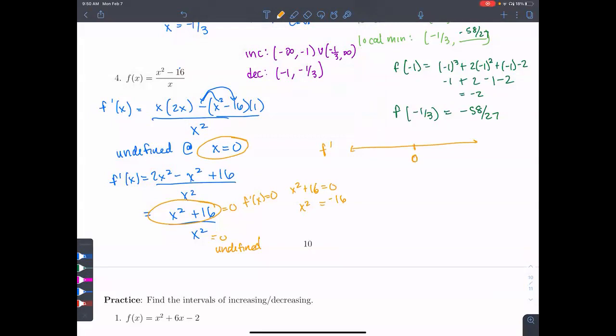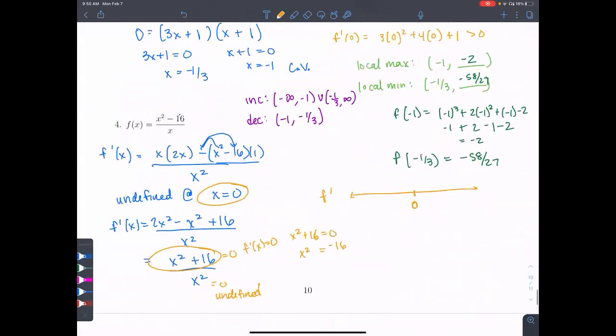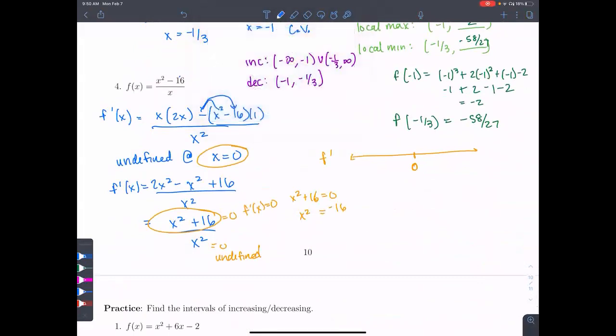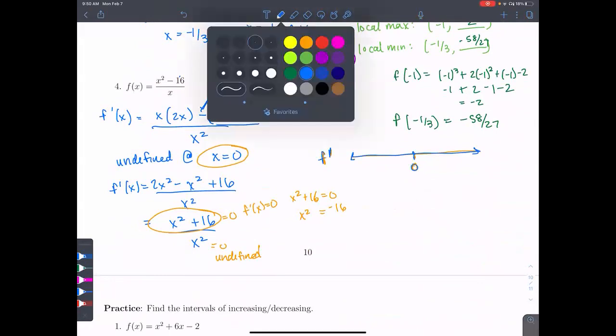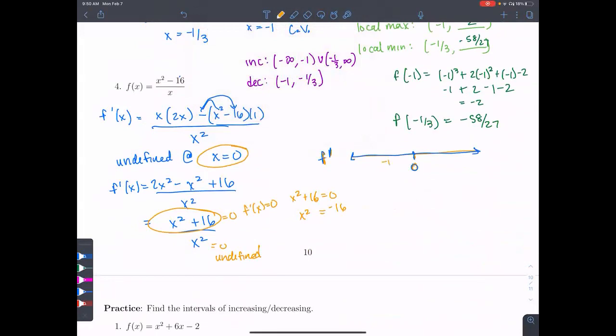So if we picked test values for that, what color are we doing that in? Blue still. Hold on. So our test values, say we plug in -1 and 1. When you do that, you're going to get both positives.